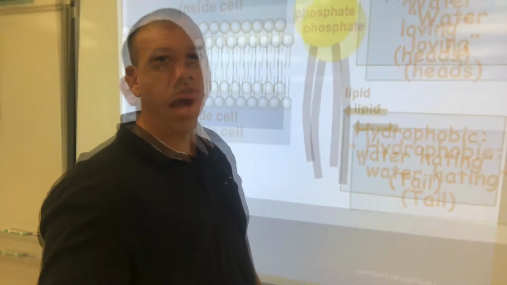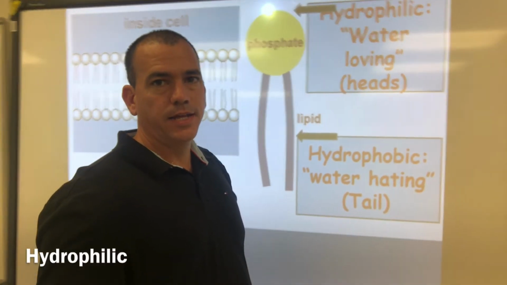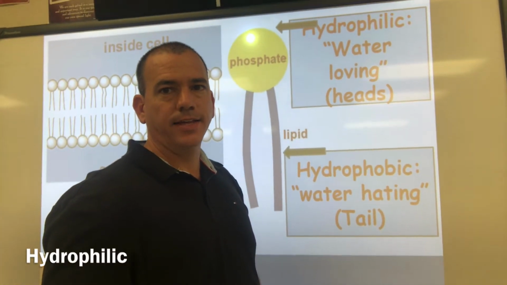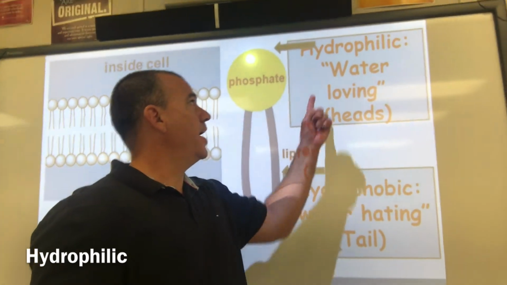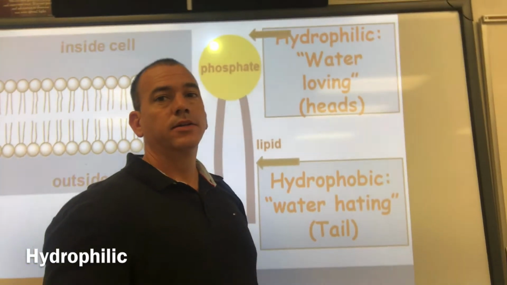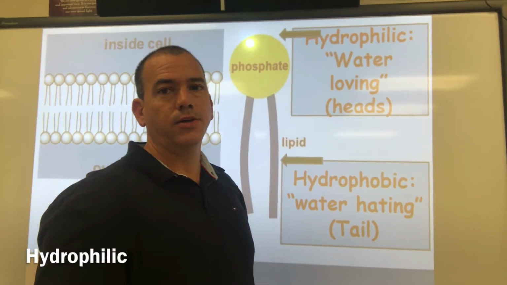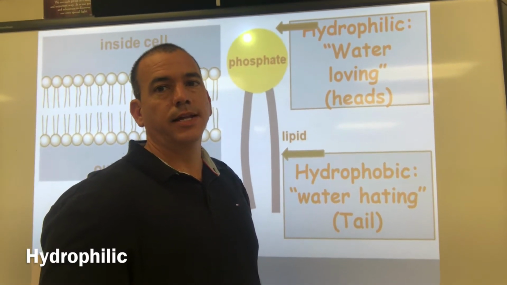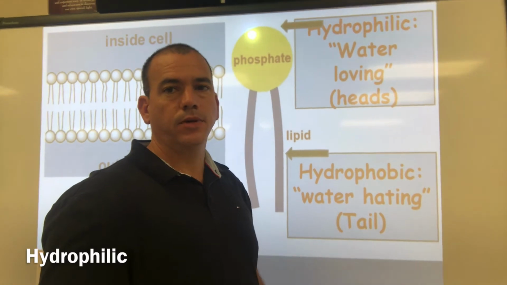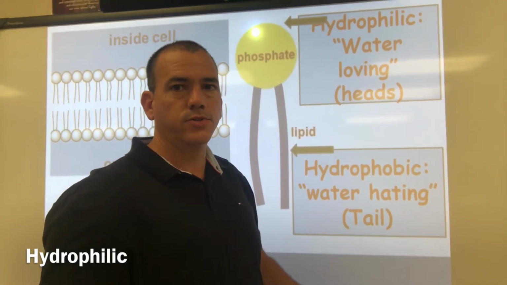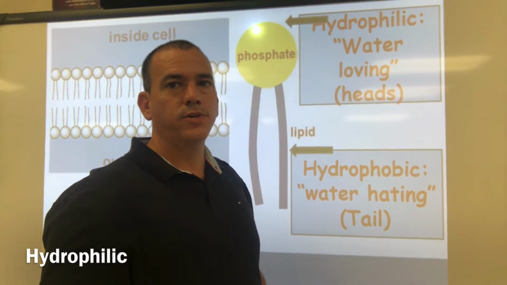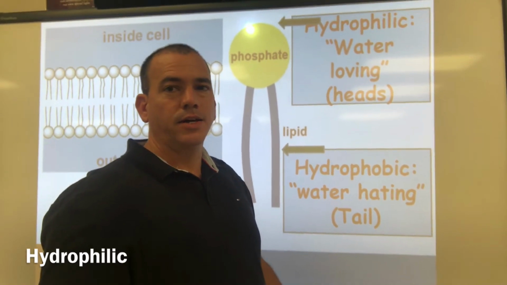Now, hydrophilic. Think of that, hydrophilic, like water loving, likes water. Wants to lick it, like you lick a lollipop. You like a lollipop, you lick a lollipop. You like your ice cream, you lick your ice cream. So hydrophilic, think of it like it likes it, it wants to lick it.